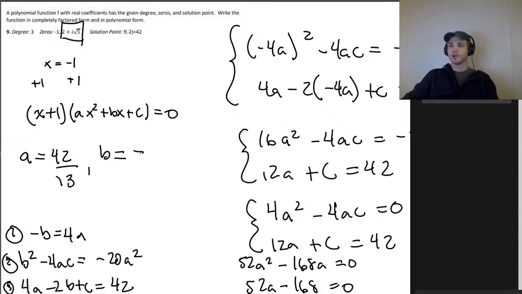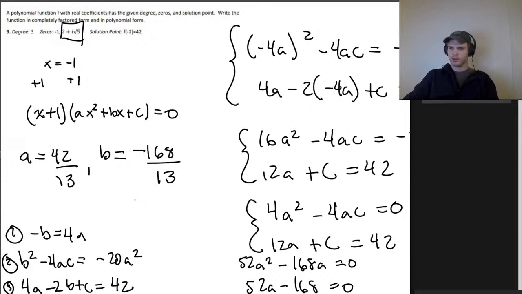So negative 4 times 42 over 13, which is negative 168 over 13. And yeah, I think that's irreducible.